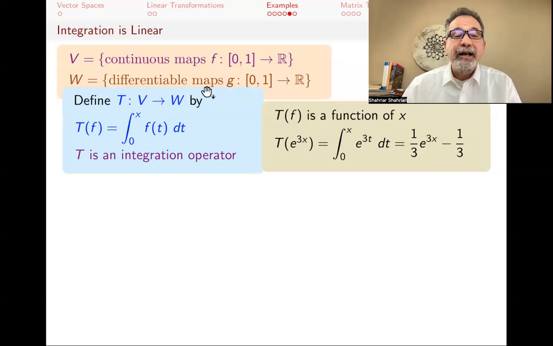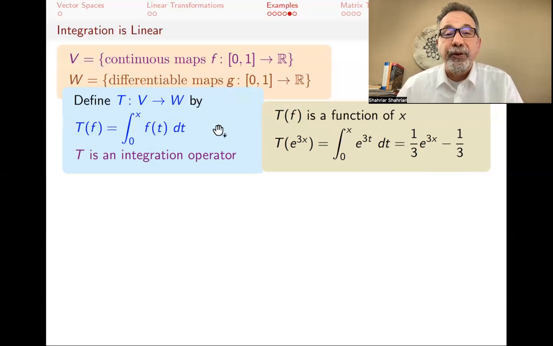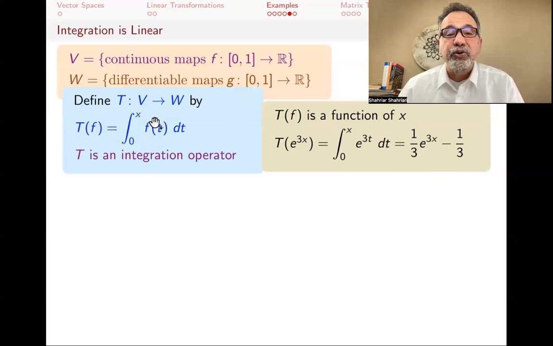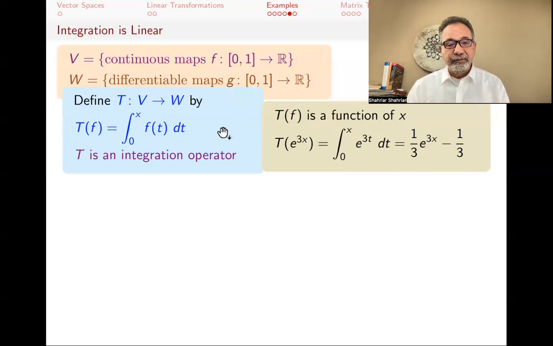And the answer is yes, because by the fundamental theorem of calculus, the functions that I get by integrating are going to be differentiable, because the derivative of T of f is just going to be f of x. So actually, I'm getting a function whose derivative is the function that I fed to my operator.